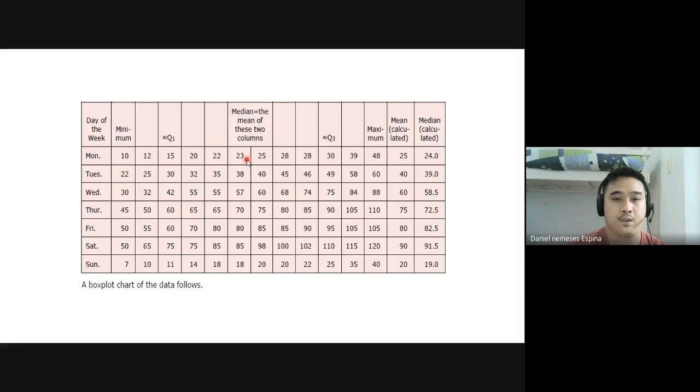The second would be the second quartile or the median. Then the third and fourth quartile. The third quartile is the second to the last three, and then the maximum, which is the fourth quartile. Then you have the maximum, the mean, and the median. These are already calculated, so we can now make our box plot.